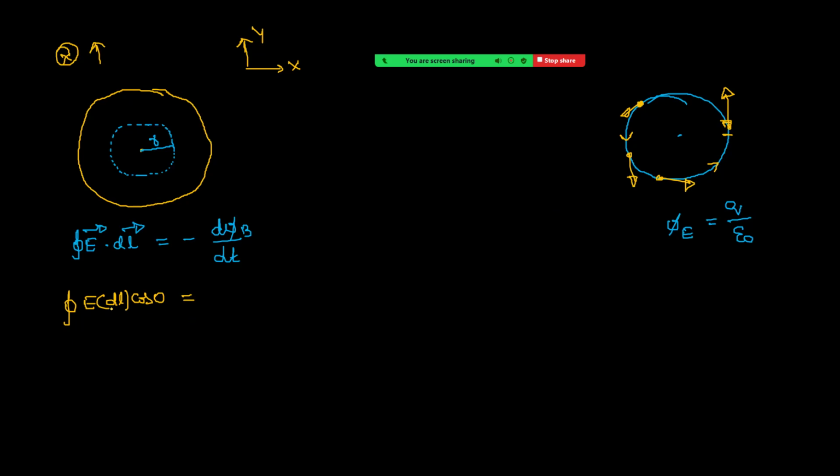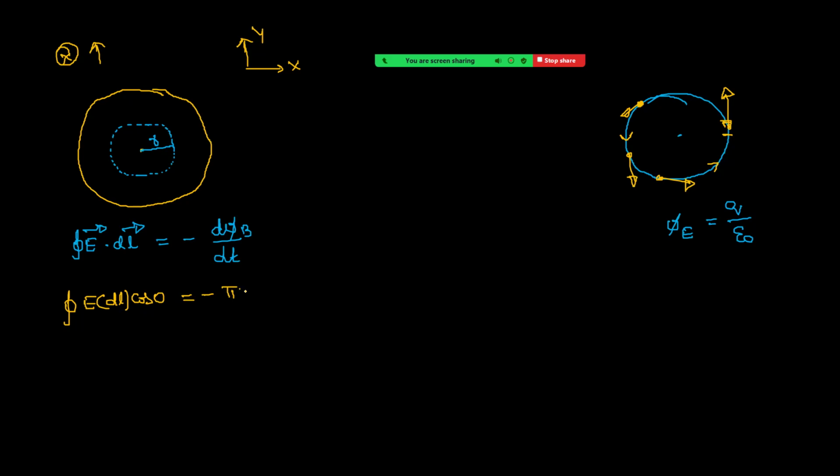So E into dl into cos 0, that is equal to... here dl means we have to focus on that loop. Okay, this is the loop we have chosen. Then see what we are going to get: minus, coming to here, area is not changing.